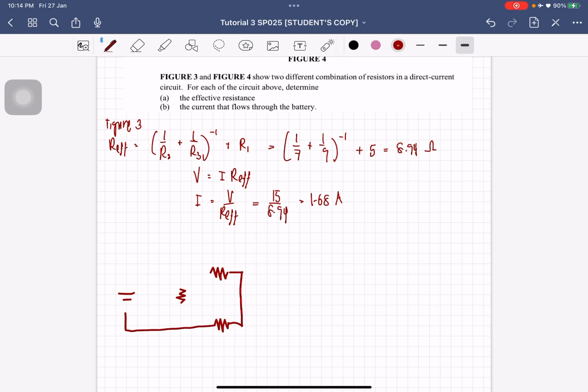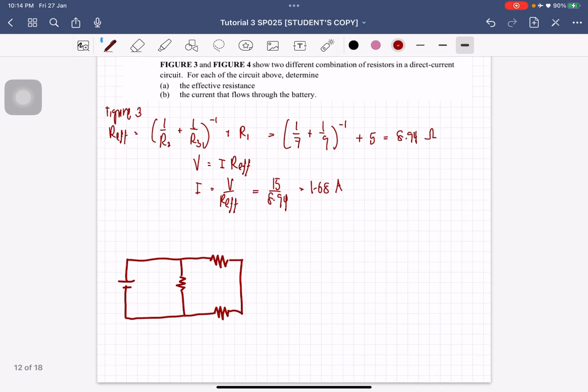So it becomes like that. After that, you will solve it this way. So you will have this one here and this one here.